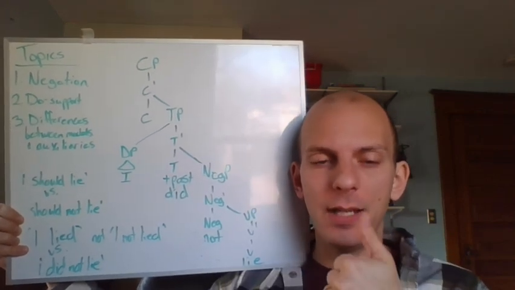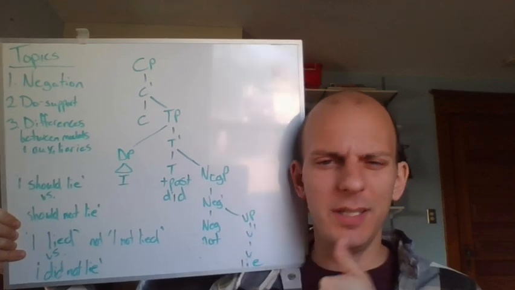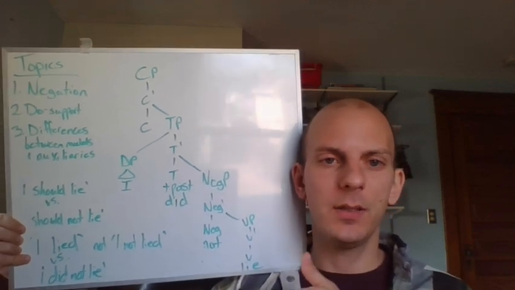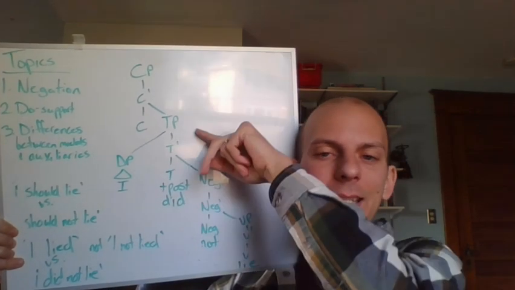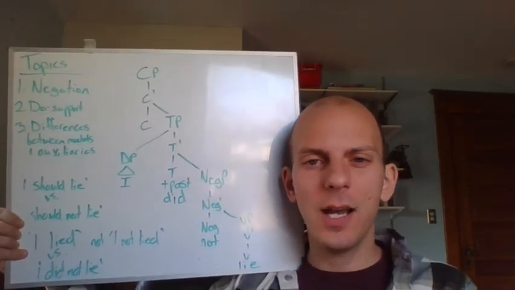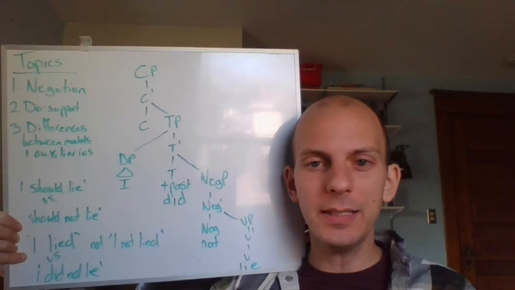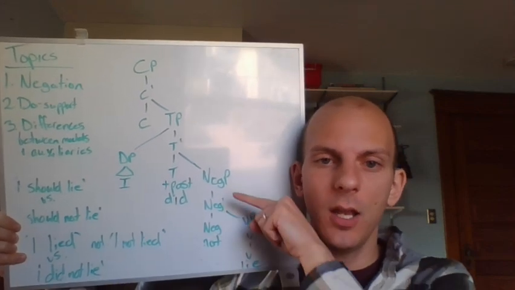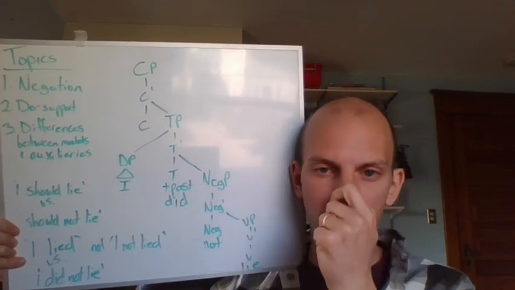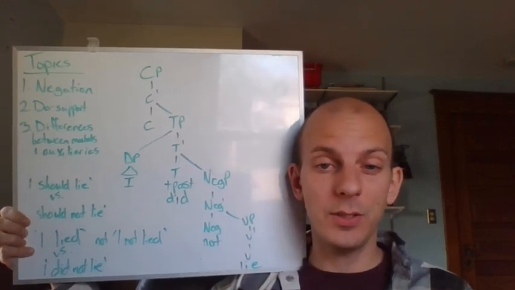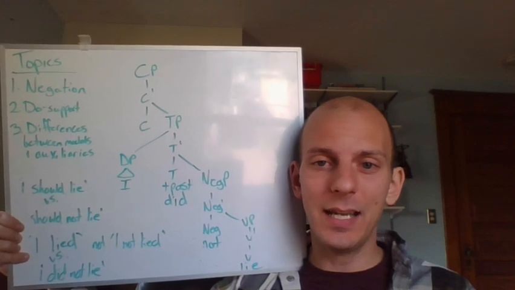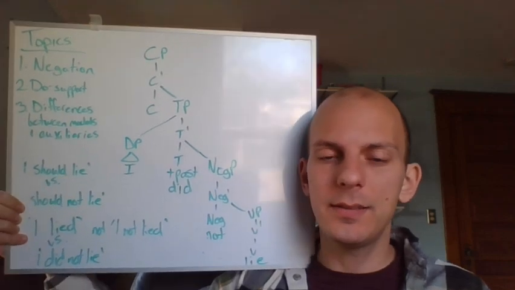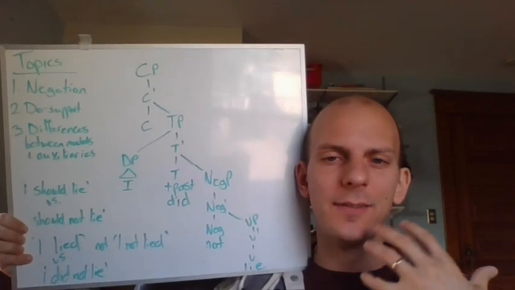It works. We have to add in this do support, but we've already seen this kind of support happen. We saw it happen up here if you rewatch the last lecture with our T to C movement. We already found do support happening up in C in just the same circumstances, when tense doesn't have anything to attach to. We found something similar happening with expletive it insertion in scenarios like "it rained," where we didn't have a subject.